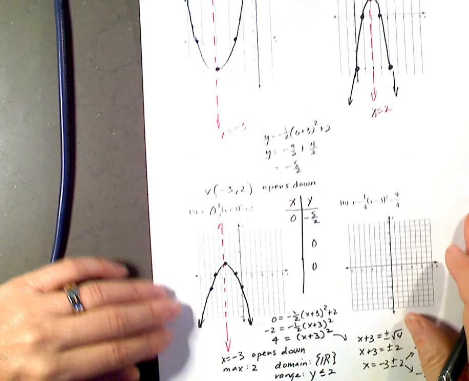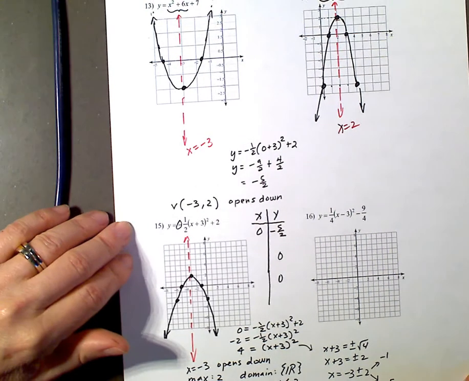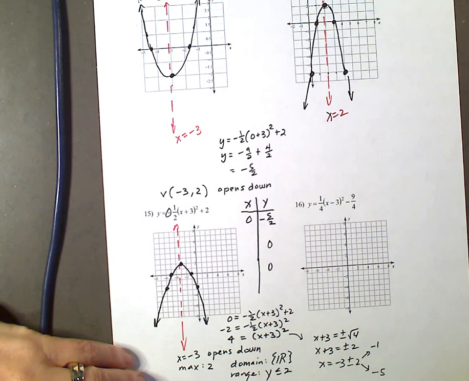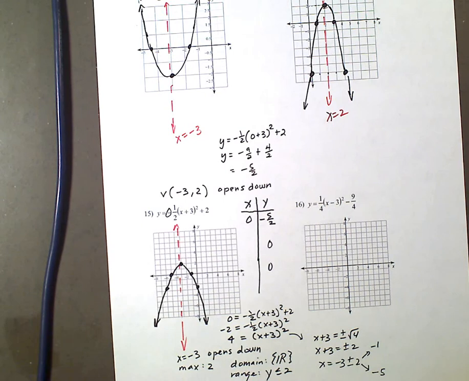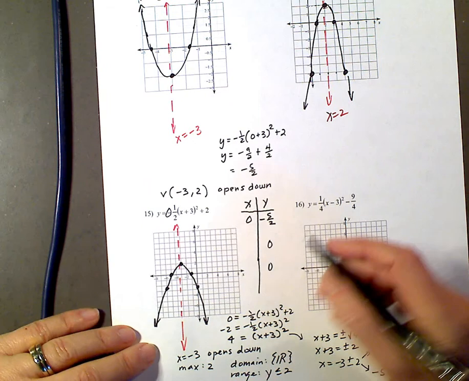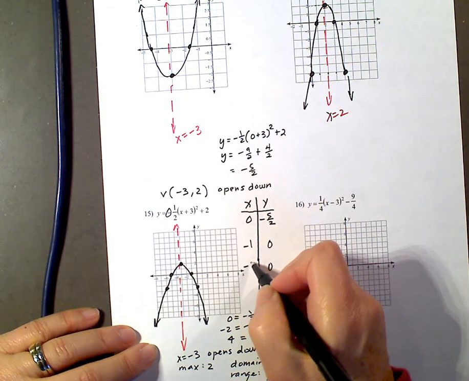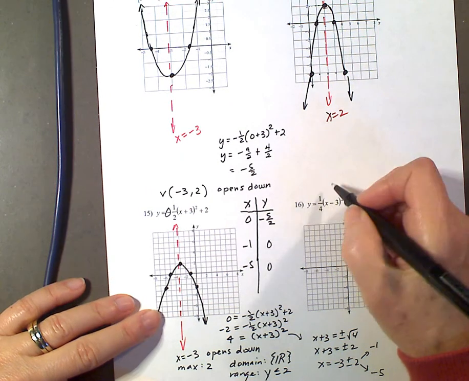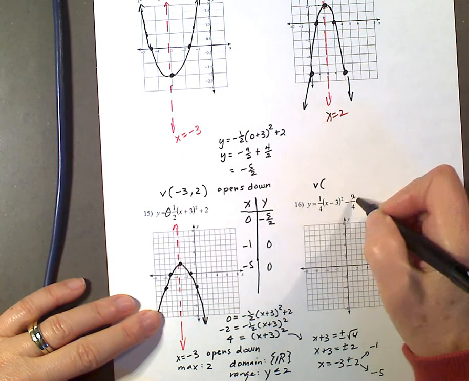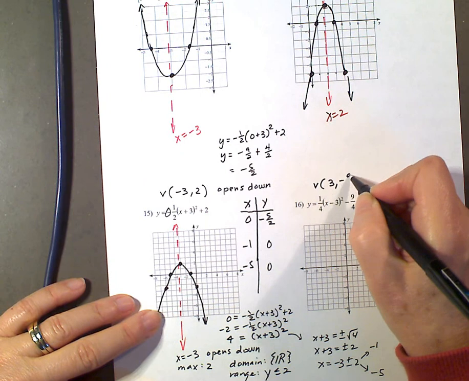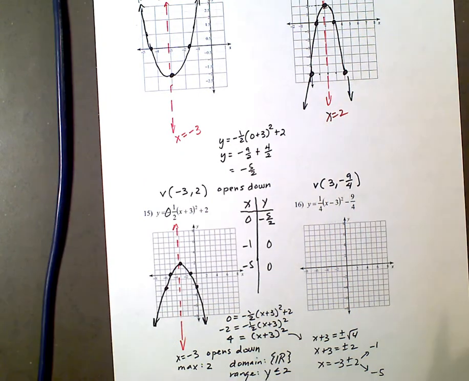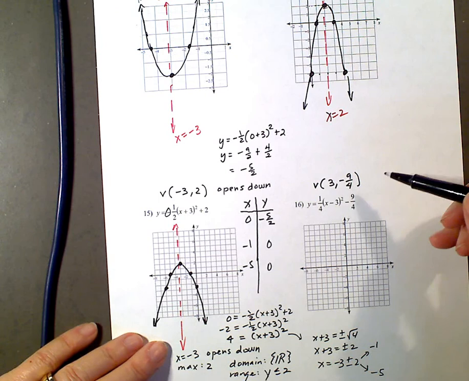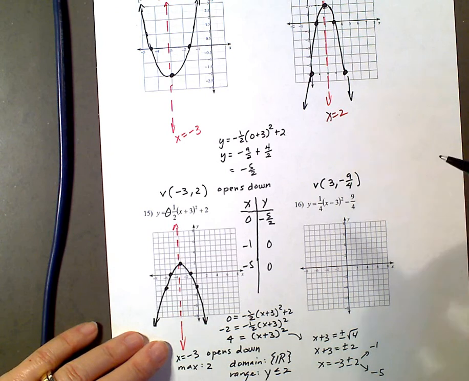Okay. And then the last one I'm going to do is number 16. Oh, I should put here -1 and -5. So in number 16, let's see, the vertex is at (3, -9/4), which is -2 1/4.